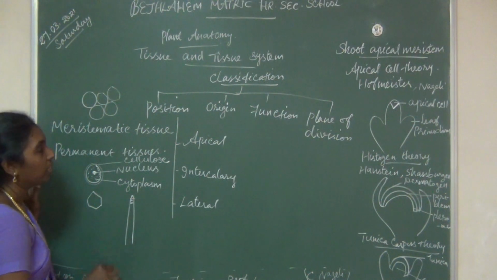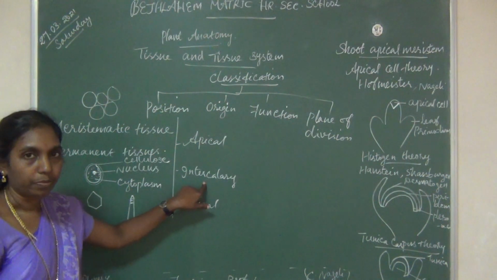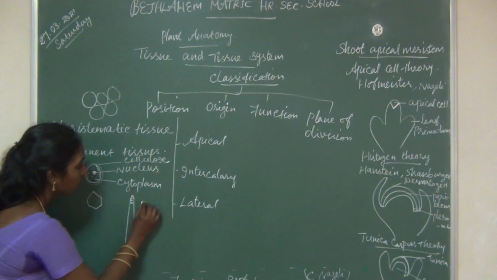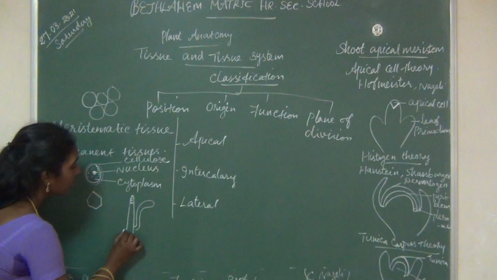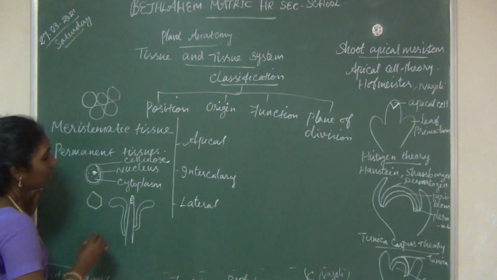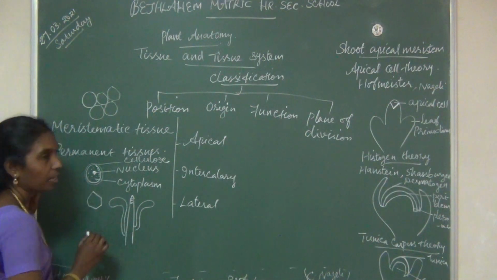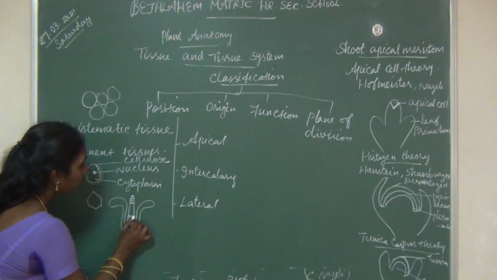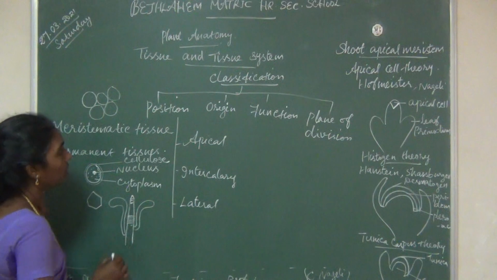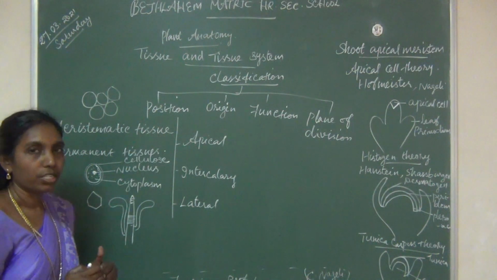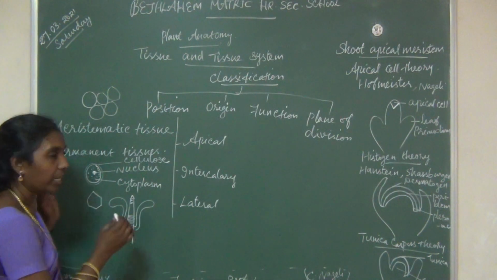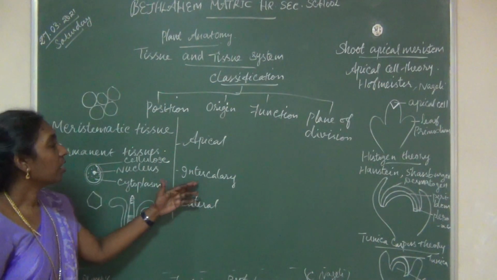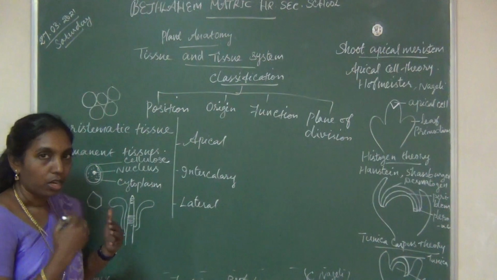Intercalary meristem is present in plants which consist of nodes as well as internodes. It is present in between the mature tissue and is used for the intercalary elongation of the internodes. These are the nodal regions. In between two successive nodes are called internodes.